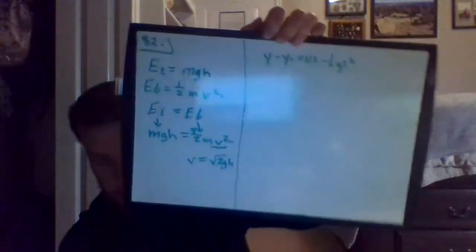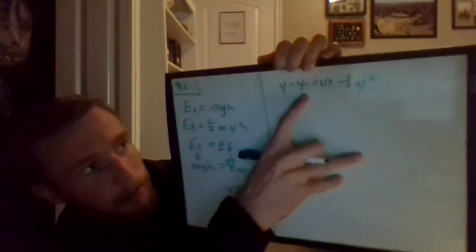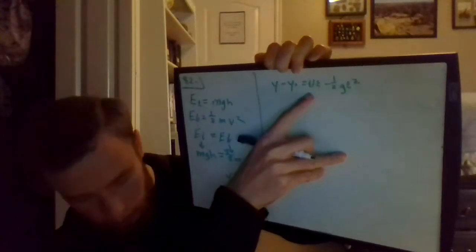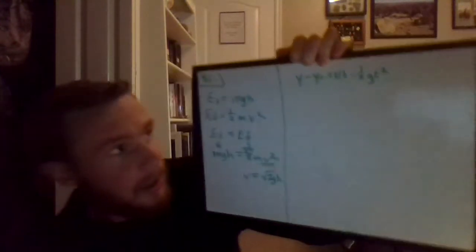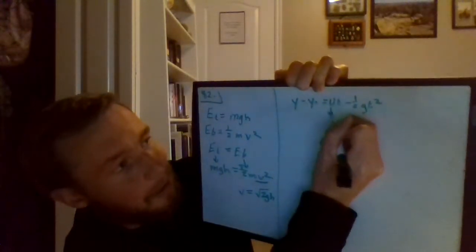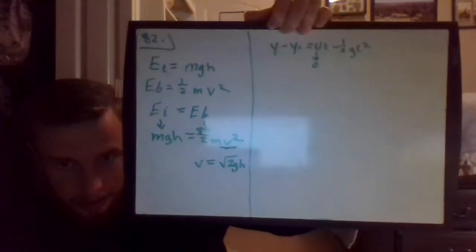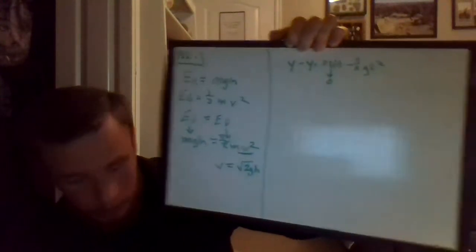Here's the equation: y equals the final position, y0 equals the initial position. Here the initial velocity in the vertical direction is 0 because we're at the bottom of the slide, moving horizontally. t equals time, and of course this is gravity times time squared.